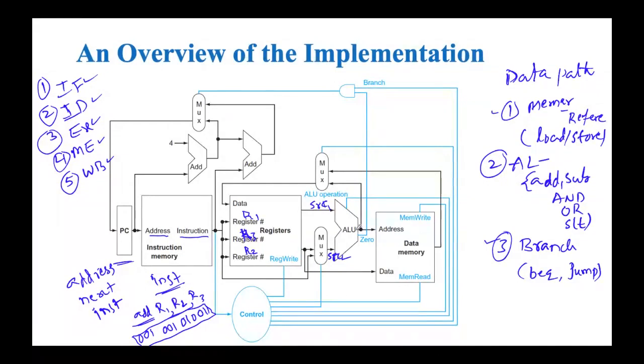That output will go and be stored in R1 in this example. So what is the result? The result of your ALU is the data value. That data value will be given as an input to your register file.